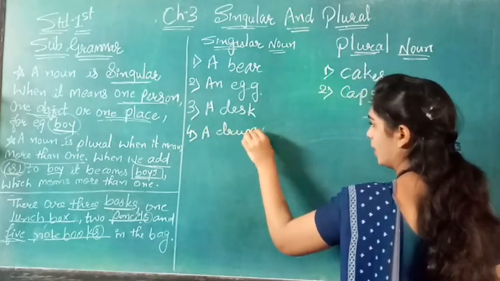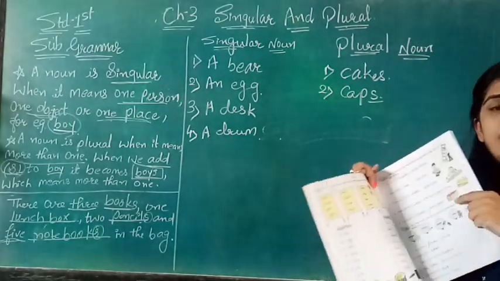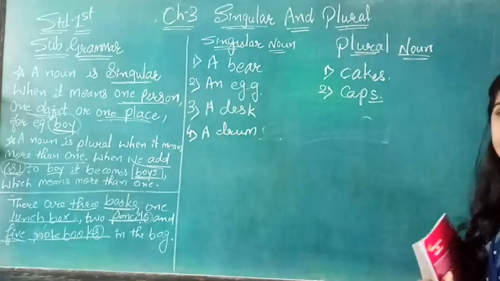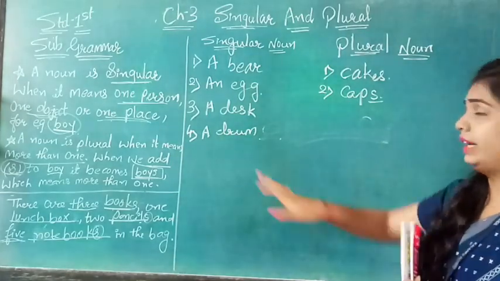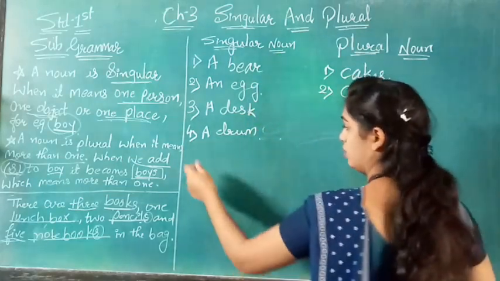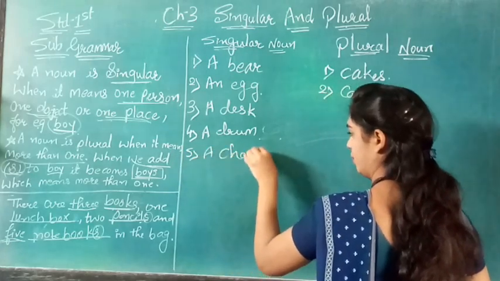Understand? Okay, now see, next one is a chair. Chair is only one. So when it is one thing, what are we writing? We are writing it in singular. So it will be again singular, a chair.